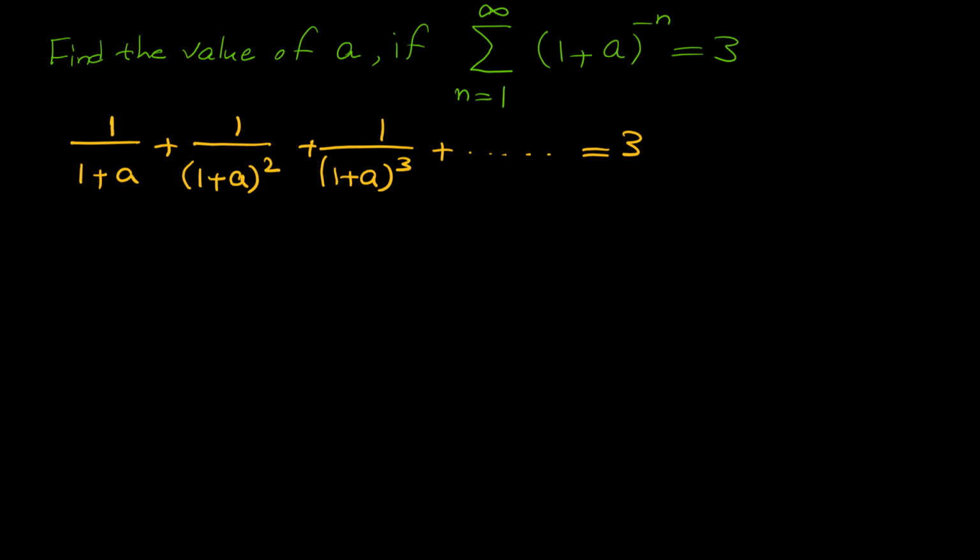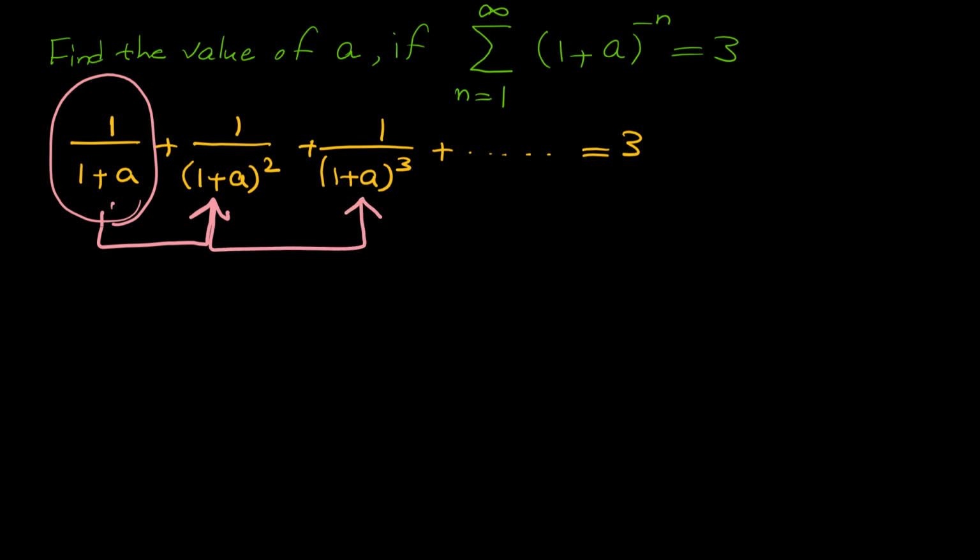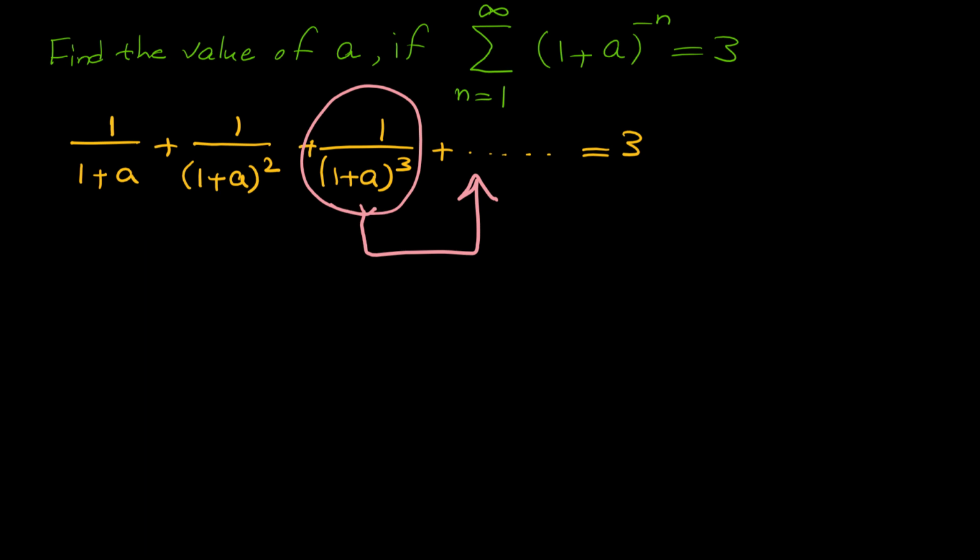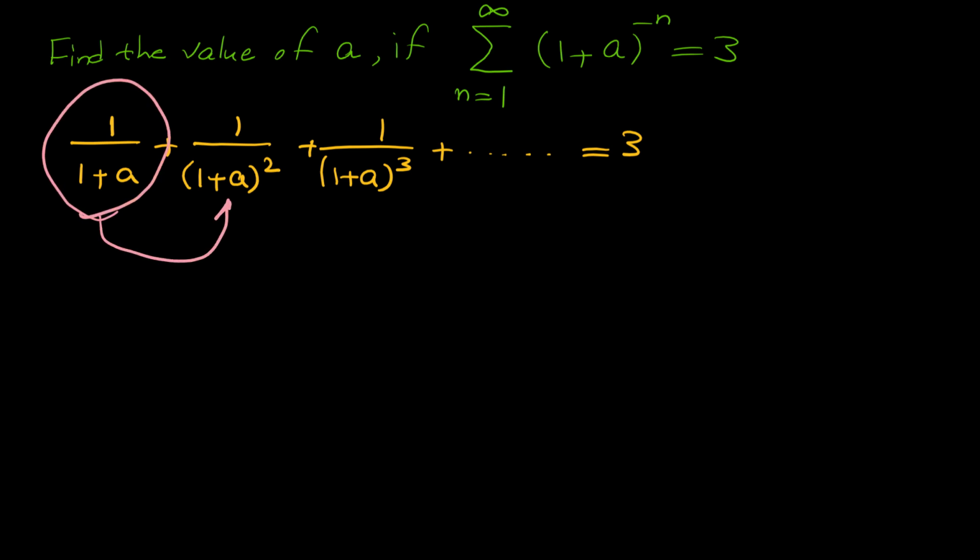Now if you notice, this is our first term, and if you pay attention, we can see that a fixed ratio is multiplied by this, and then we have this. A fixed ratio is multiplied by this, and then we have the third term. If you multiply that fixed ratio by this, then we can get the next term, and so on. So this is a geometric series. But what is that ratio that is multiplied by this, and then we have this?